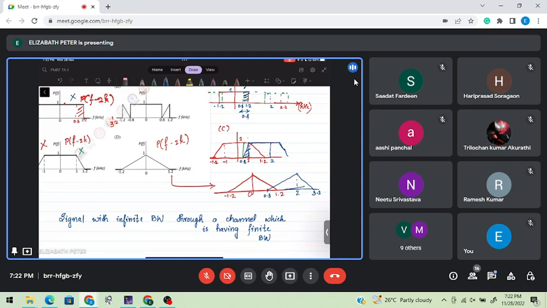So here also you need to be very careful. Here these two things will not add up to one, right? Because this height is this.